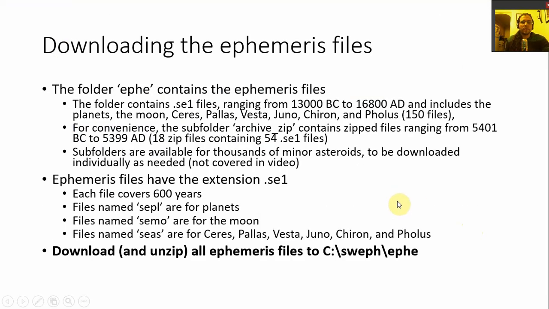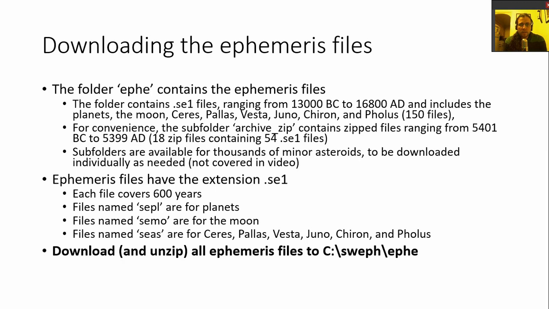The folder EPHE contains the Ephemeris files. The extensions for all of them are .se1, and they range from 13,000 BC to 16,800 AD. That includes the planets, the moon, Ceres, Pallas, Vesta, Juno, Chiron, and Pholus. That date range is 150 files.